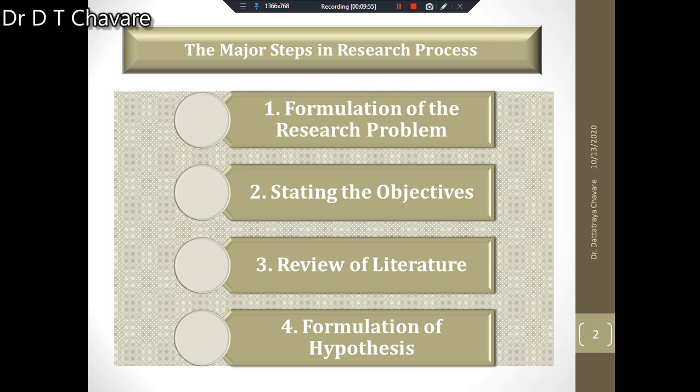Okay? A good library will be a great help to the researcher at this stage. It means that with the help of the library also, such a review of literature procedure we can complete. Then the next step of the scientific research process is formulation of hypothesis.